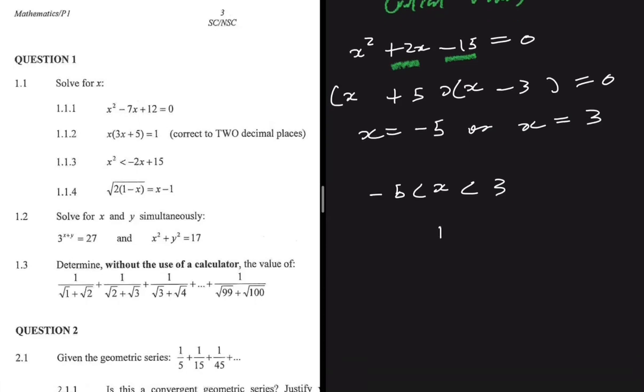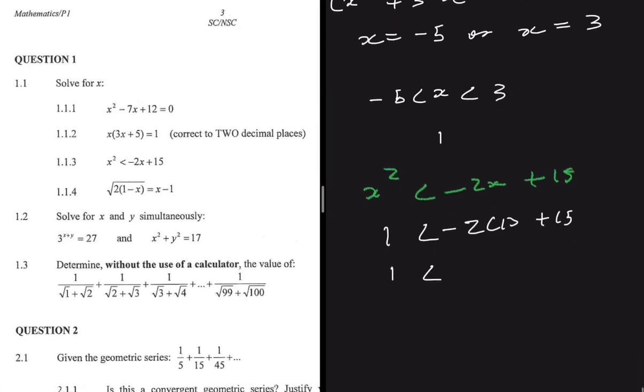Let's not forget that we started with x squared being less than minus 2x plus 15. So if we take 1, we get 1 squared on the left hand side, which is 1, supposed to be less than minus 2 multiplied by 1 plus 15. So minus 2 plus 15 should be 13, right? And indeed 1 is less than 13.